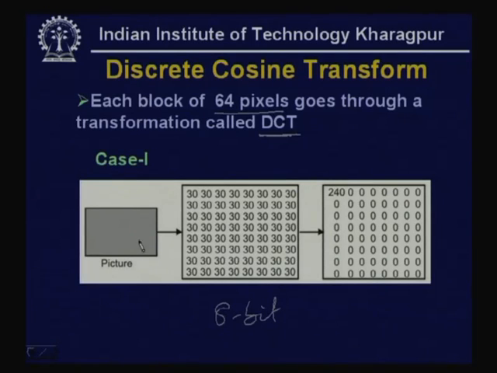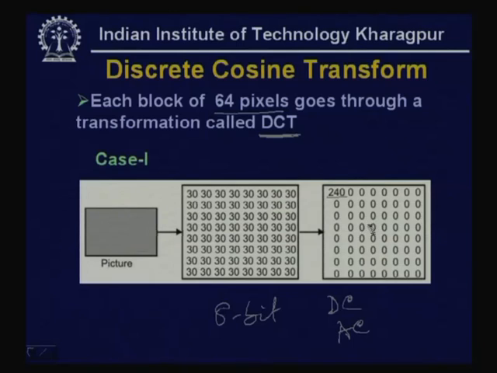However, suppose there is a block where there is uniform intensity, there is no change. By using the discrete cosine transform, it is converted into a frame. As you can see here, we have got only one DC component, and all the AC components, which essentially represent changes with respect to this 0 point, are 0, because there is no difference in any other pixel.